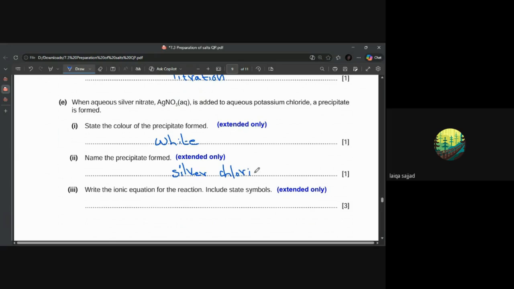Now you have to write the ionic equation for the reaction and include the state symbols as well. So, potassium chloride. Yes, you have to write the ionic equation for the production of silver chloride. We will again ignore the spectator ions. You only have to write those ions which will take part in the formation of the precipitate.